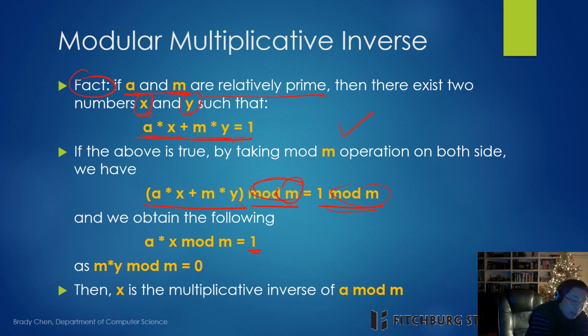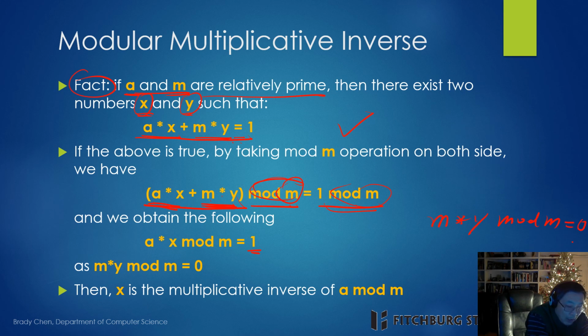Now on the left side, let's look at each of the terms. The first one is a times x, and the second term is m times y. Remember, m times y is a multiple of m. So m times y mod m, what is this? It's 0, right?